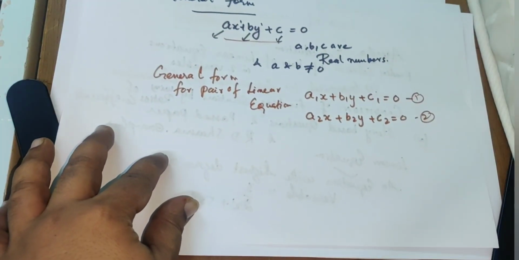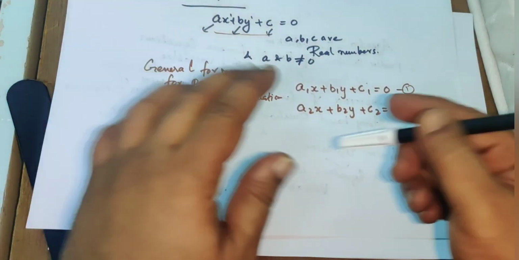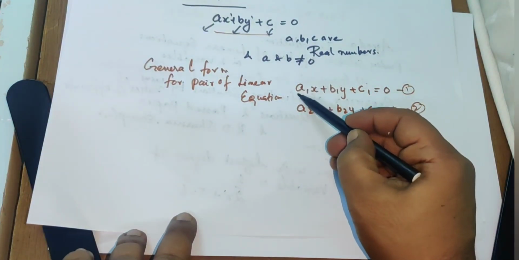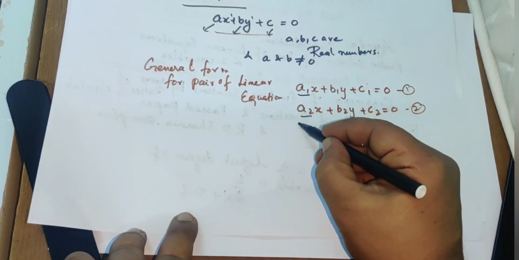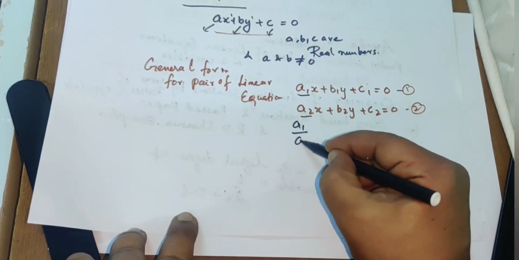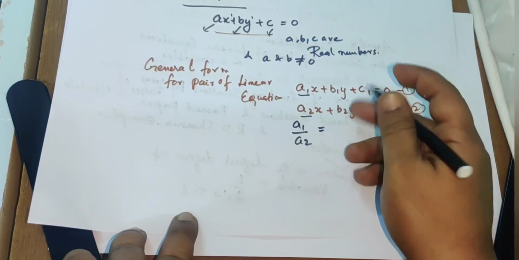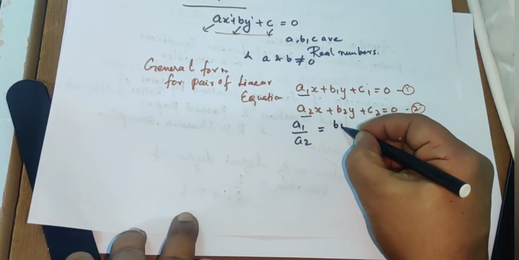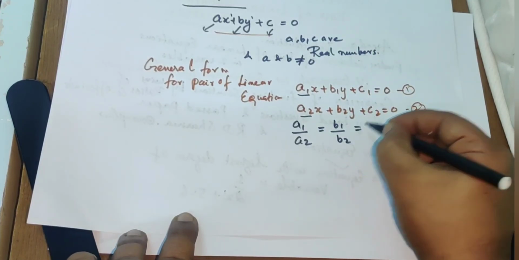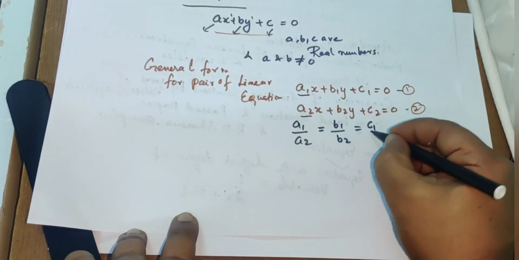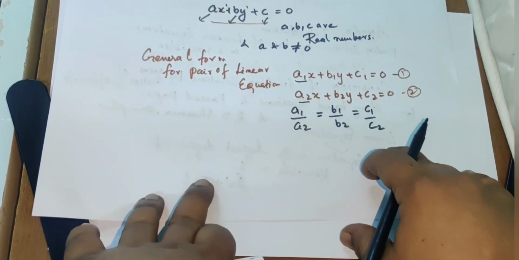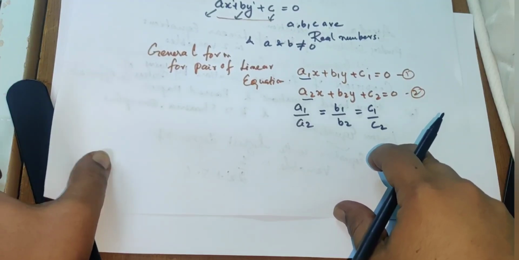For example, we can also easily predict the solution by using the ratio. You can see this a1, a2, right? If a1 by a2, this ratio is equivalent to b1 by b2, then the constant ratio c1 by c2, you can easily understand what type of solution we are going to be getting.